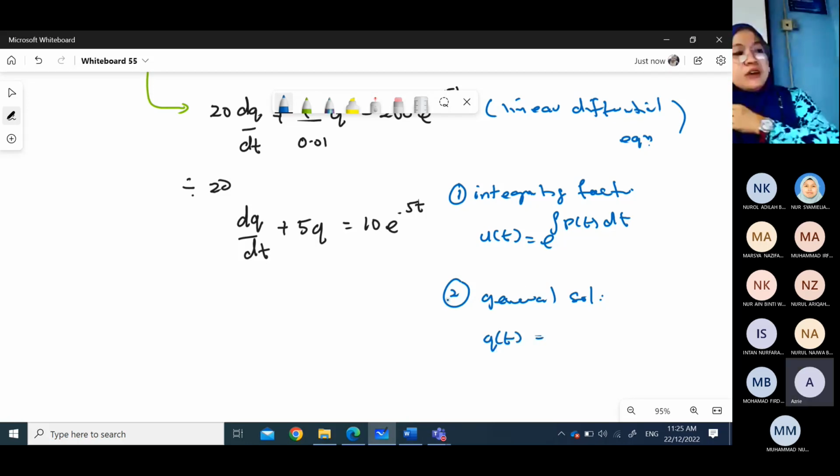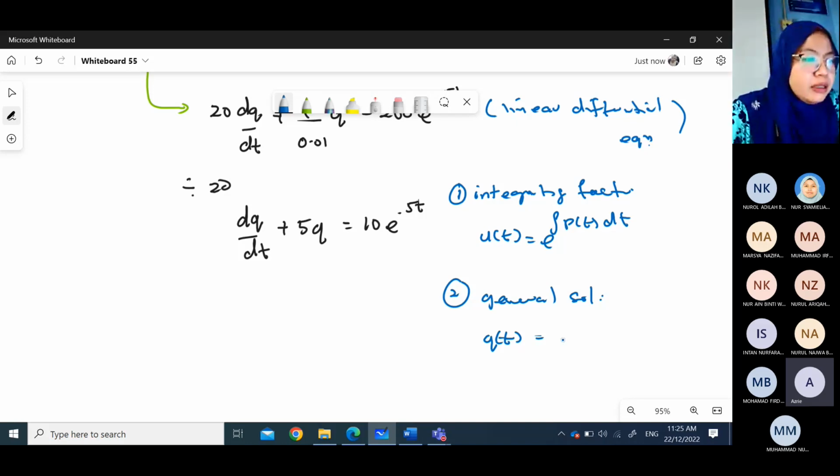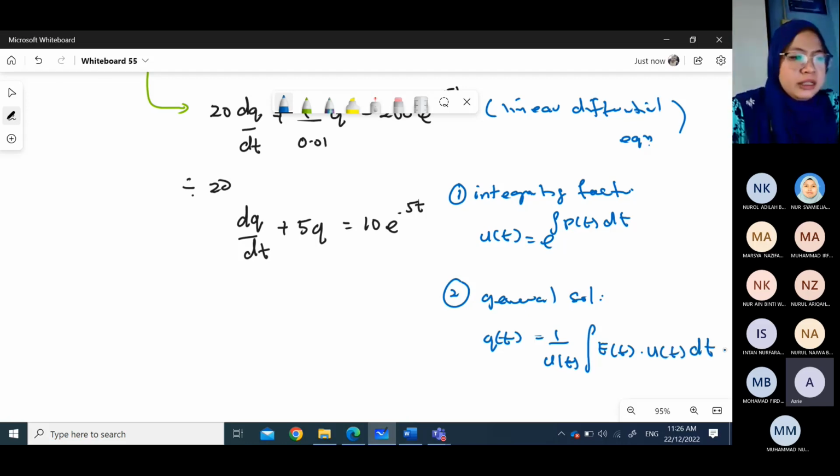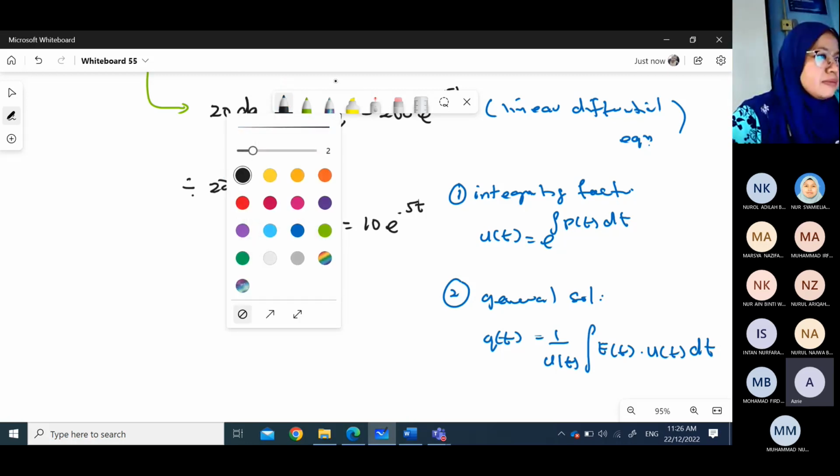So the general solution in terms of q of t, charge at any time t, which is 1 over the integrating factor, multiply with the integral of e of t multiply with u of t, with respect to t.